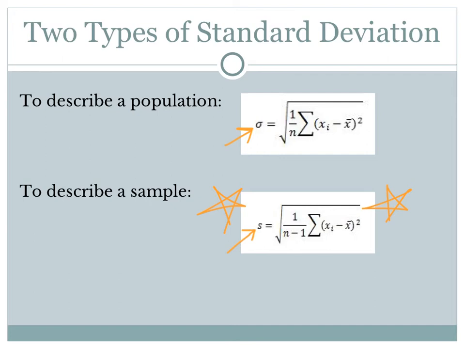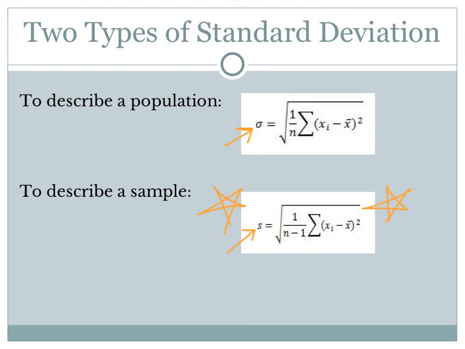To give you a little bit of information of why there's a difference between these two, let's say we wanted to look at the average height of BHHS students, and we had the heights available of everyone in the school, so we have information about an entire population. We would use this top formula here for their standard deviation.